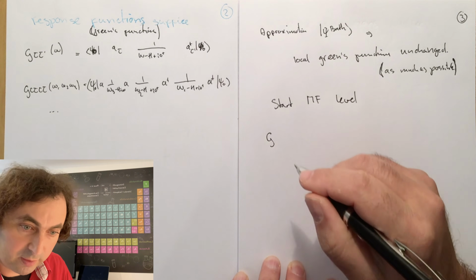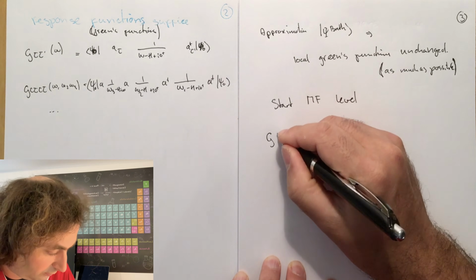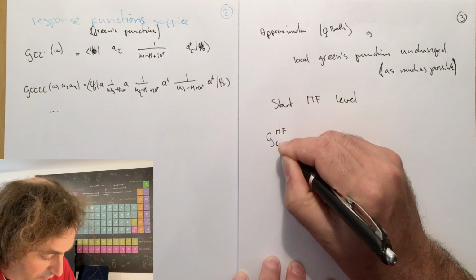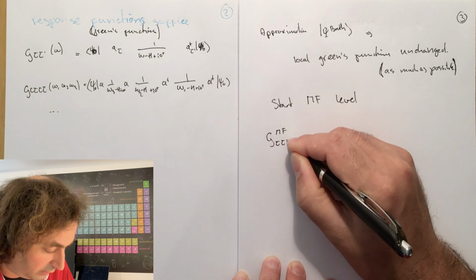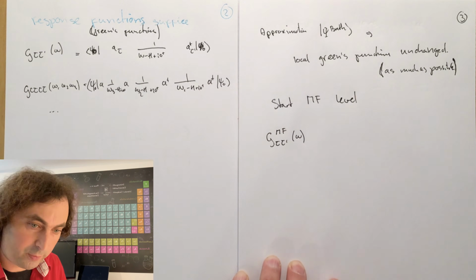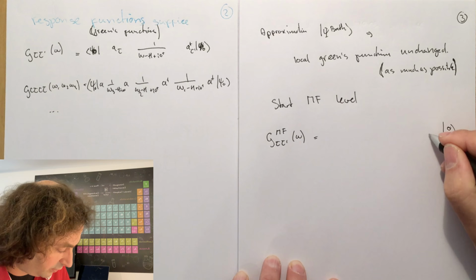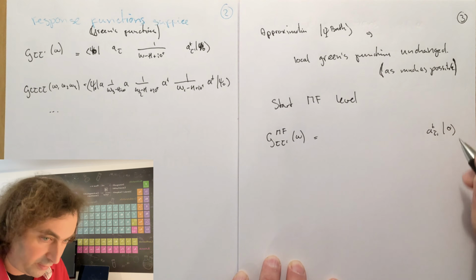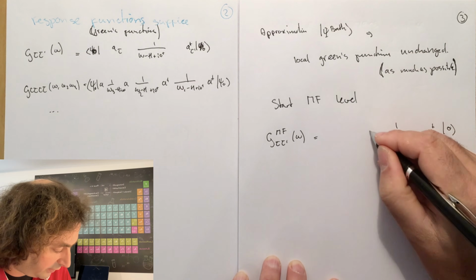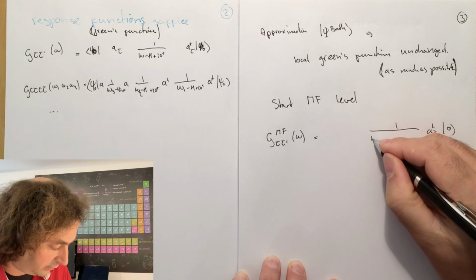So on a mean field level, we can think of our Green's functions by looking at the vacuum Green's functions, where we create a particle tau out of the vacuum and we now have only a single electron.